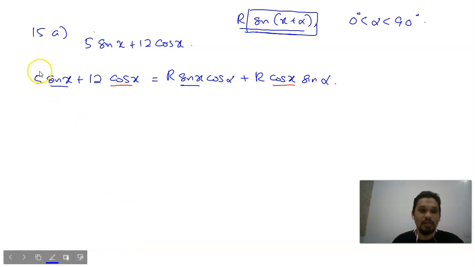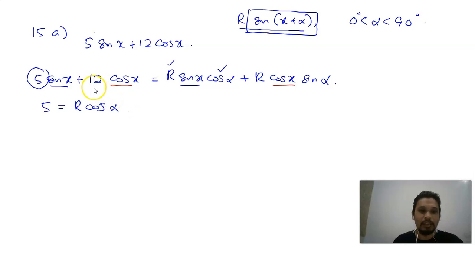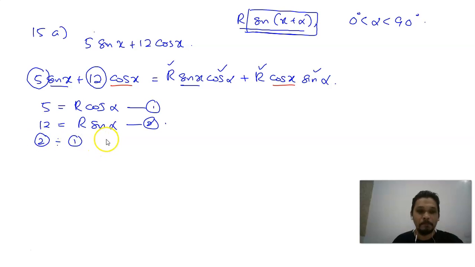So now we're going to compare this 5 with r cos alpha, where 5 equals r cos alpha, and this 12 with r sine alpha. 12 equals r sine alpha. Equation 1 and equation 2. So we're going to find the value of alpha by taking equation 2 divided by equation 1.